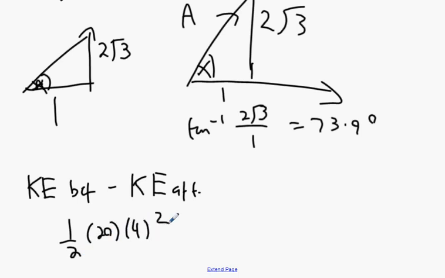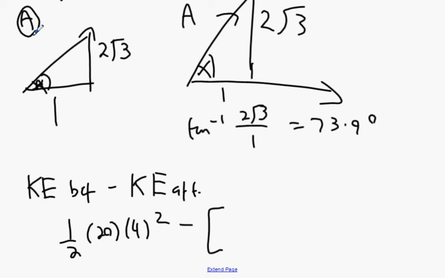Your mass is 20, your overall velocity or magnitude is 4. Take away. Now here's the hard part. See this 2 root 3 and 1 business here? That's particle A. How fast is it actually going? We need its magnitude, don't we? So we need to do Pythagoras' theorem.